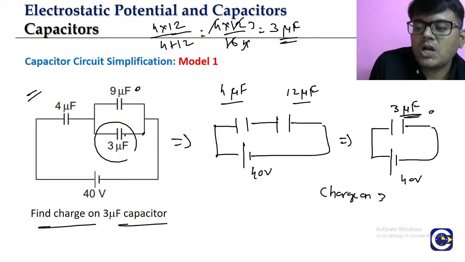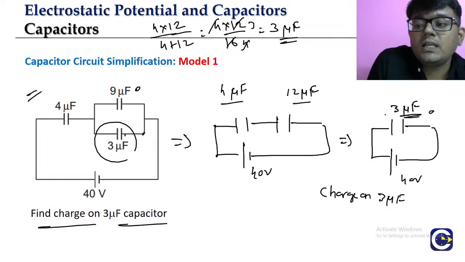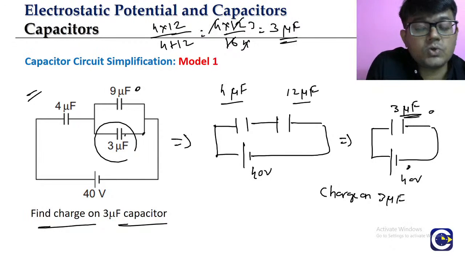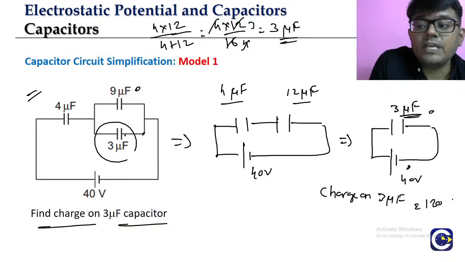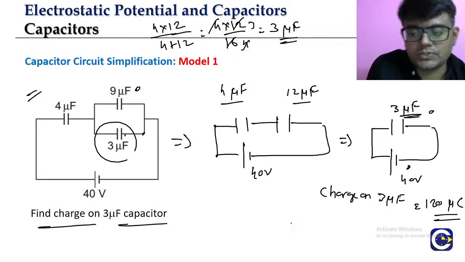What is the charge on the 3 microfarad? Capacitance 3 microfarad into potential difference, the source potential is 40 volt. 40 into 3 is 120 microcoulombs.